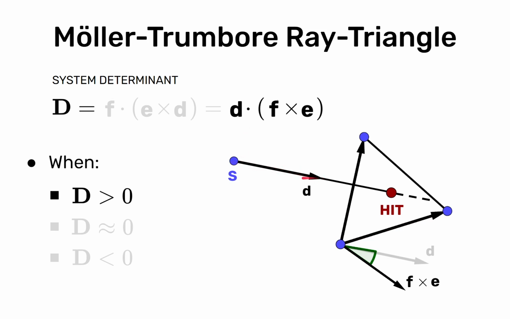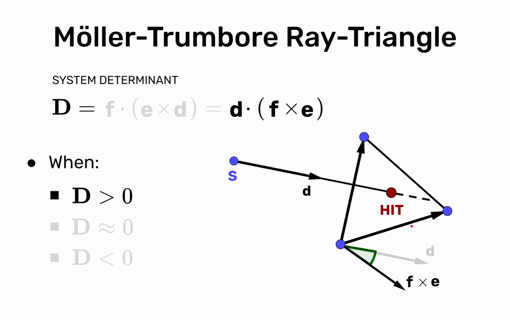So if we move that direction vector over here and see what the dot product will give us, we can see that if this value is positive, then the angle between those two vectors is between minus 90 and 90 degrees. So they will be pointing in the same direction from the plane where the triangle is on. Or in other words, the ray is shooting towards the front face of the triangle. So this means that when we have a hit point, the ray is hitting the triangle on the front face.